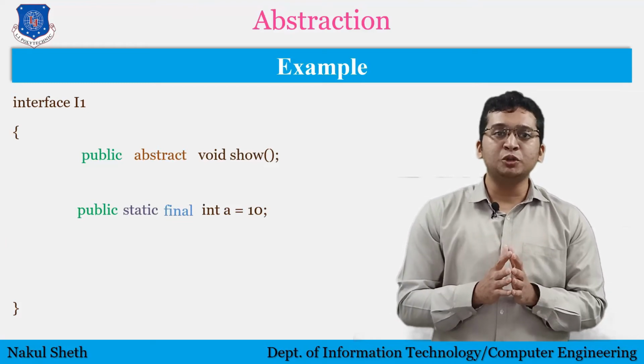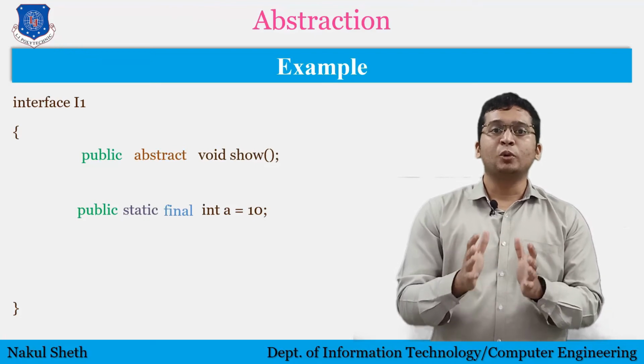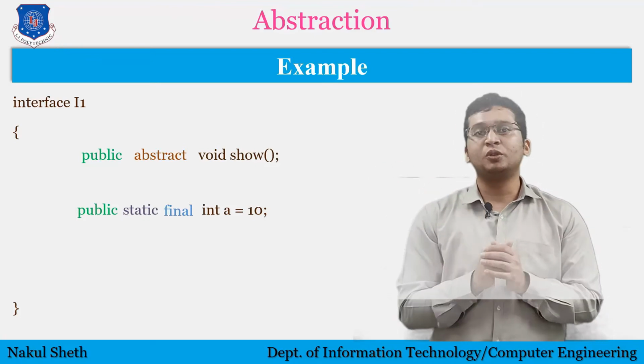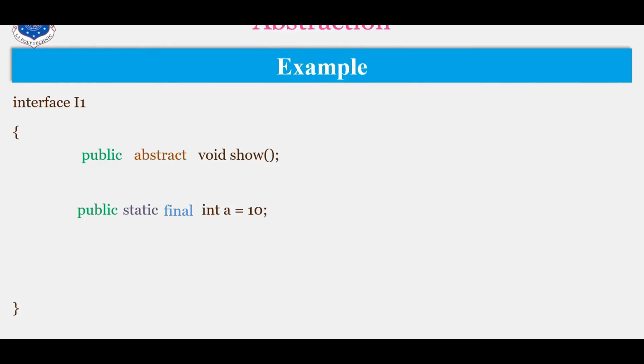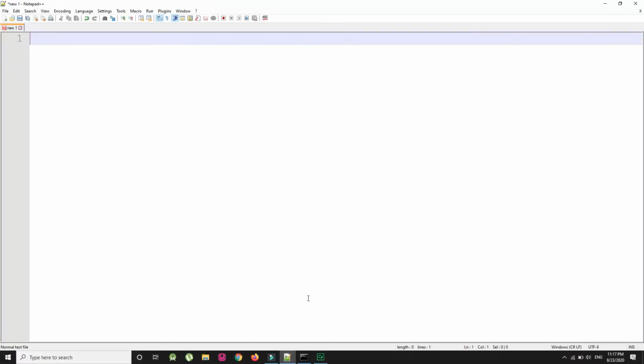Now I am going to show you how to use this interface programmatically. So let us move to the notepad. So students, we have notepad++ here. Then I have created an interface using keyword interface.